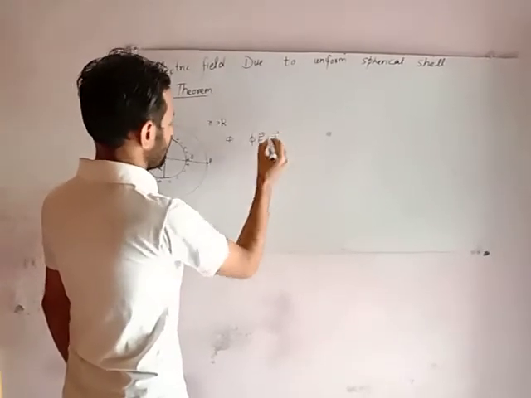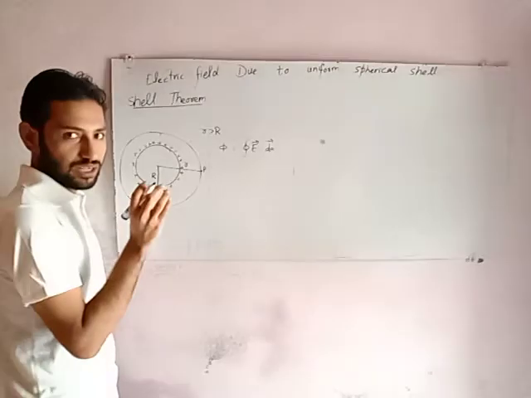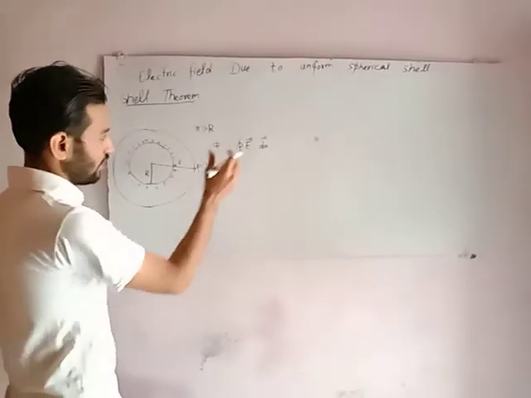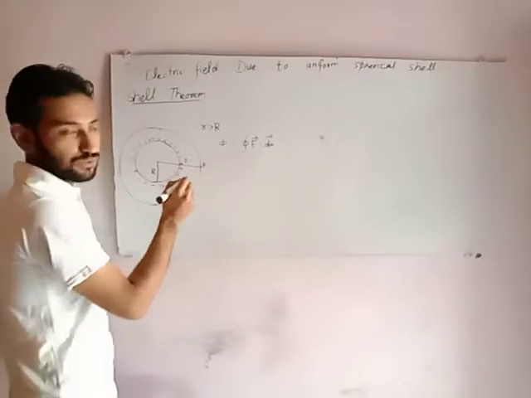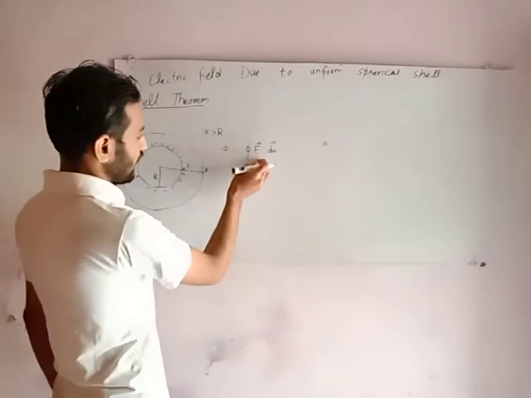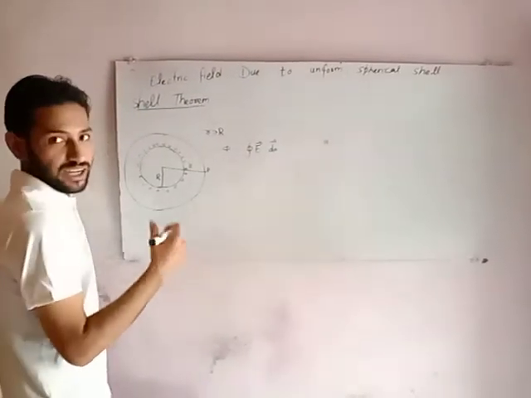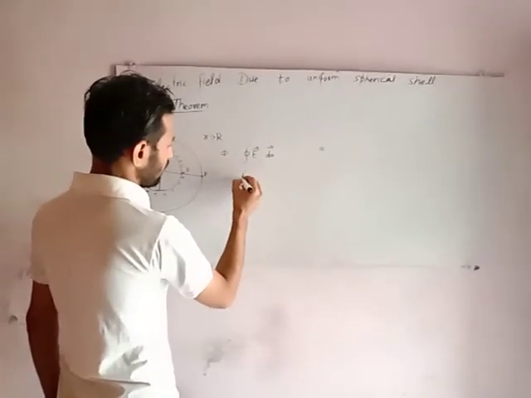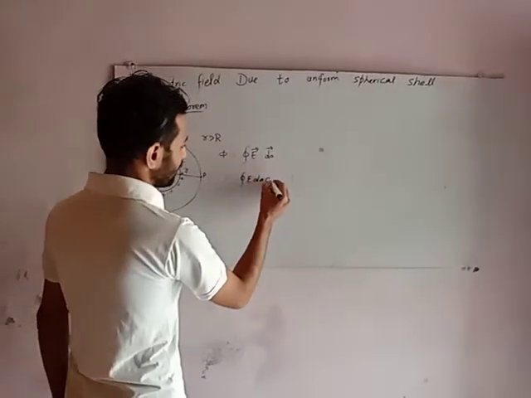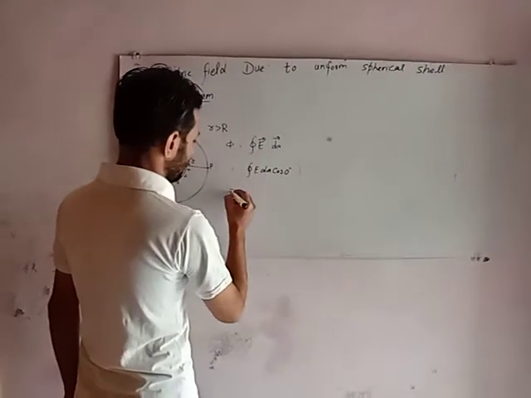If we consider an area element dA here, because of the positive charge, the electric field lines will be outward, and the angle between electric field and the area vector will be 0. So E, being uniform, can also be kept out of the integral.